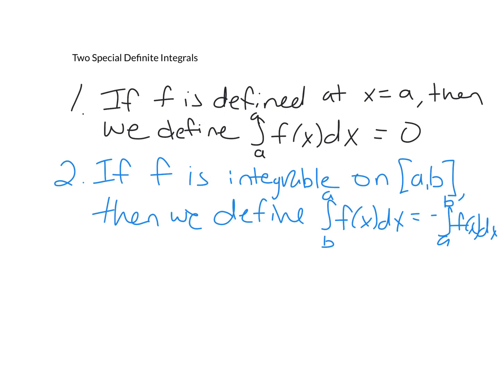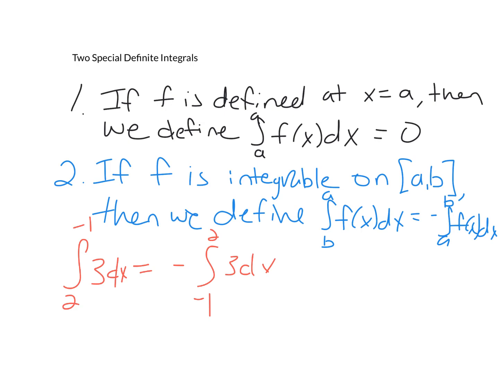So let's say we are integrating 3x from, let's say, 2 to negative 1. Before dx, we need a dx there, can't forget that. We can put a negative sign up front and make it from negative 1 to 2, and then we can evaluate it.